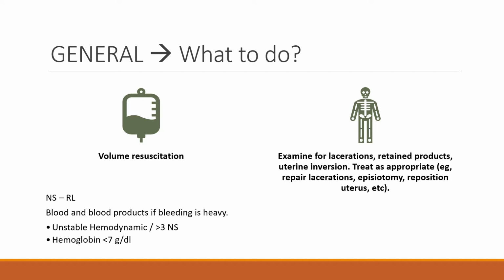Once we diagnose the laceration, the retained products, or the uterine inversion, we have to treat as appropriate. For example, if we have a first or second degree laceration, we have to repair it. If we made an episiotomy, we have to suture it. If we have a uterine inversion, you have to reposition the uterus.